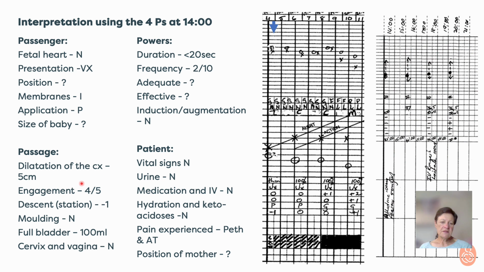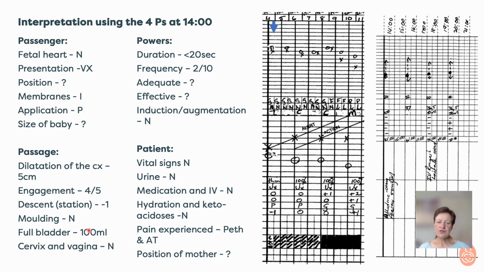The engagement, the head is still high. There was absolutely no progress in the level of the head, because the head is still 4/5 above the pelvic brim, I beg your pardon, and it's now -2 station. There's still no molding.